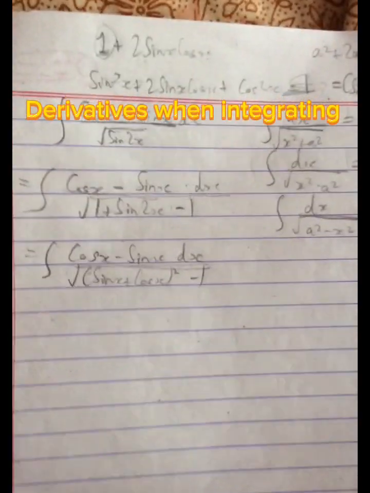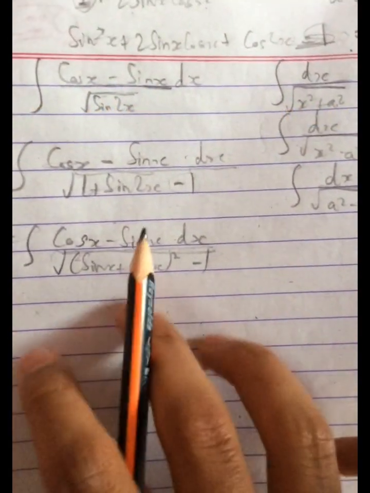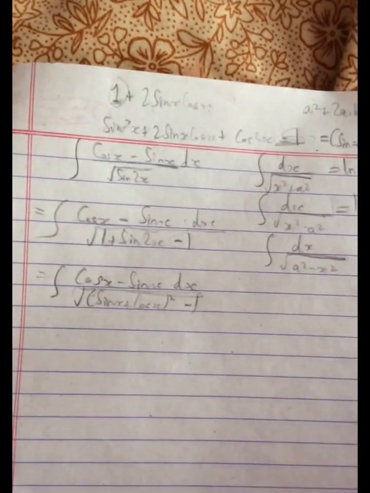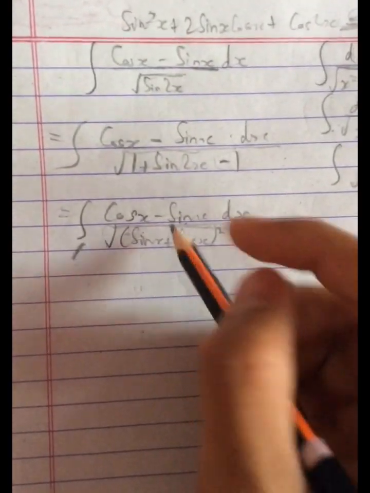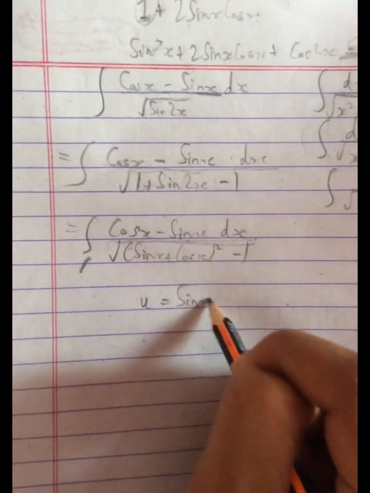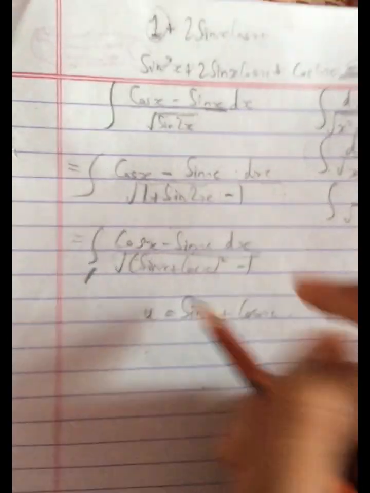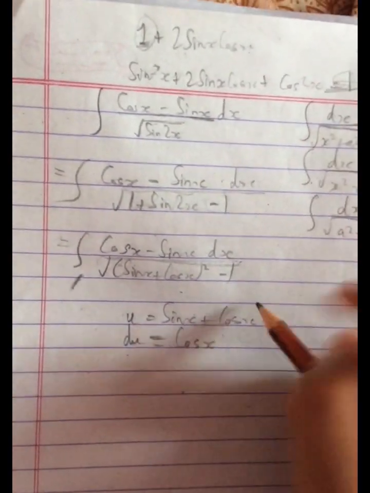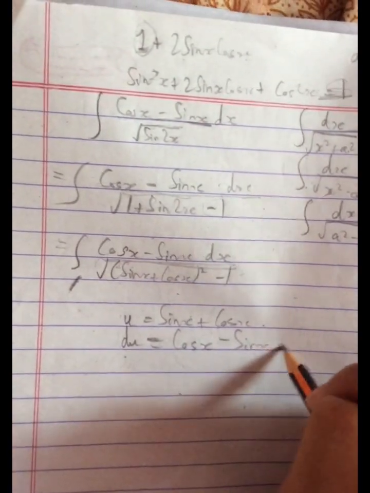Now, again, when we think of integrals, think of derivative. Let's see, sin x plus cos x derivative, because it is under the whole square form. So, let's use the derivative of sin x plus cos x. Let u equal sin x plus cos x, whose derivative will be cos x minus sin x dx.